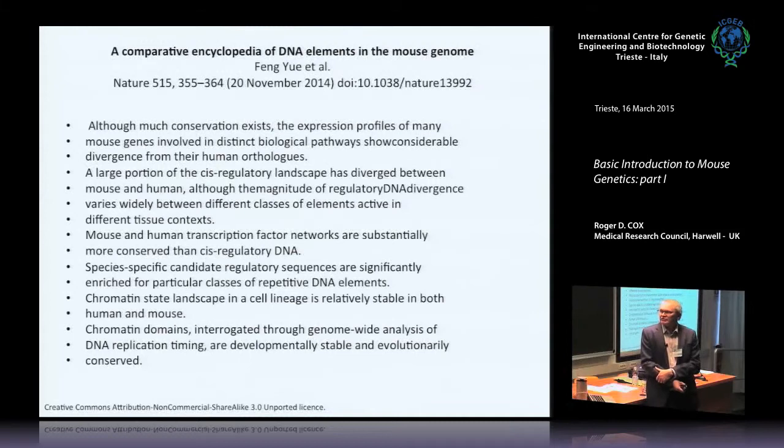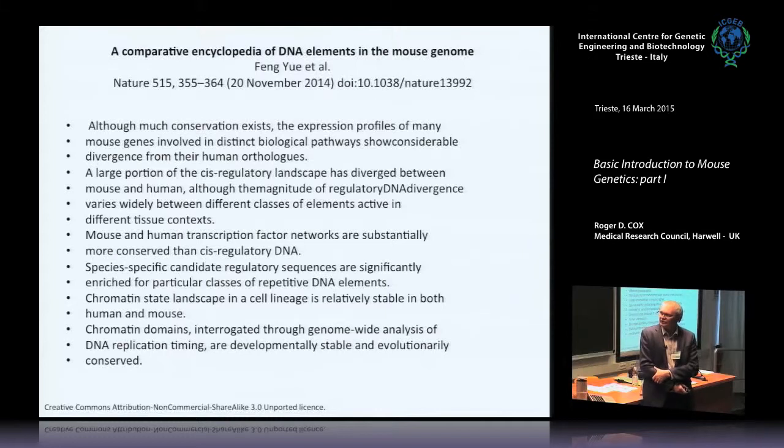However, the transcription factor networks are more highly conserved, and the chromatin state around these genes is more highly conserved between mouse and human. So it seems to me, at least, that these papers support the mouse as a model.